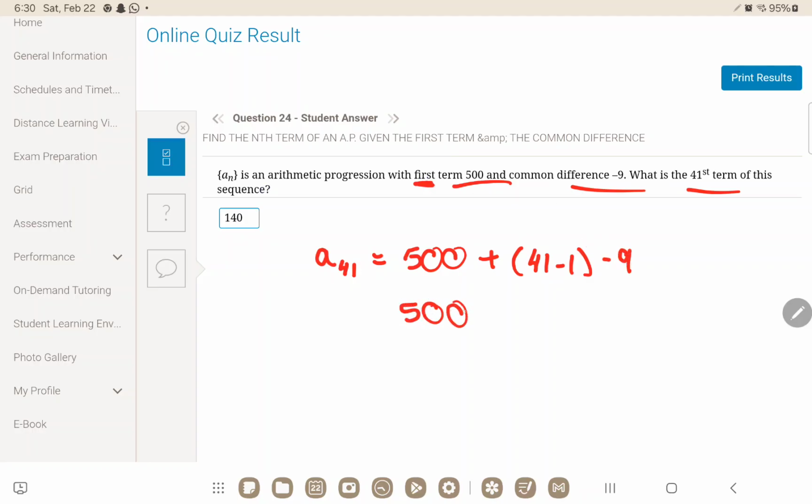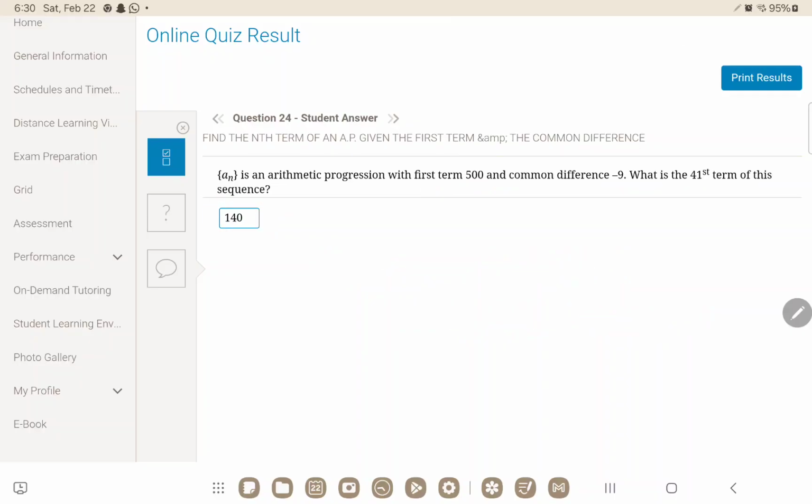So 500 plus 40 times -9, which is -360. When you subtract them from each other, you get 140, which is your 41st term.